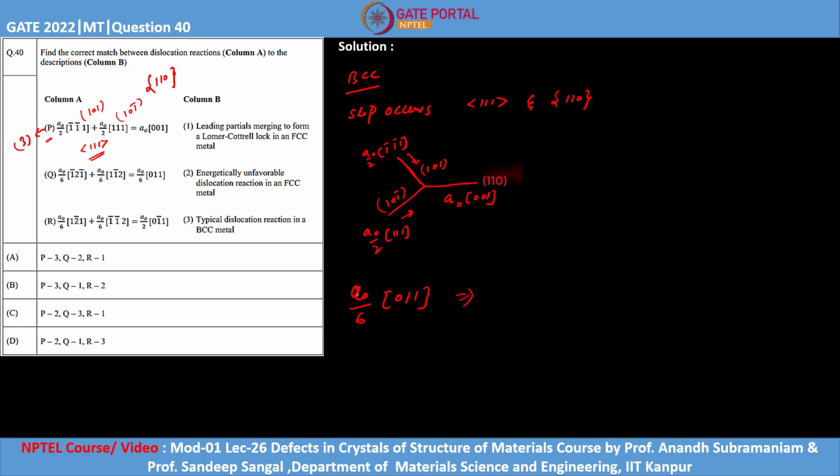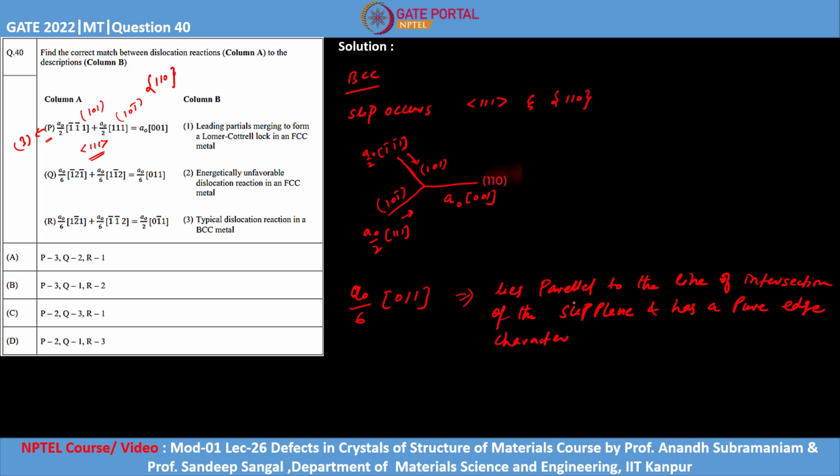If you closely analyze this final dislocation, the new dislocation lies parallel to the line of intersection of the slip planes, and it has a pure edge character in the 100 plane, right?